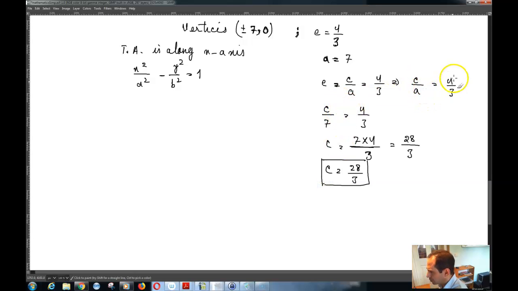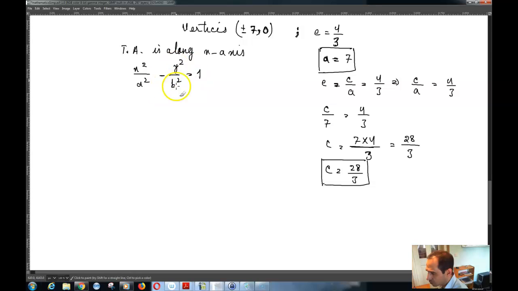So your a is equal to 7, c is equal to 28/3.